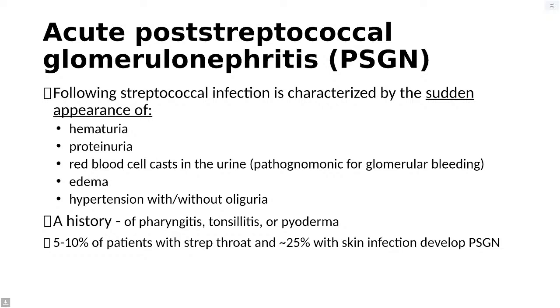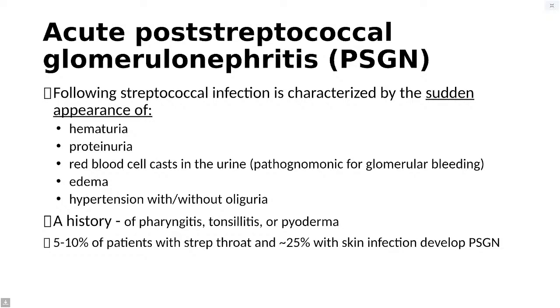This is pathognomonic for glomerular bleeding, with edema and hypertension, with or without oliguria.